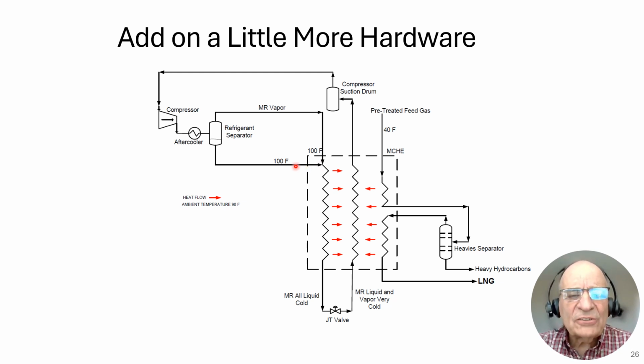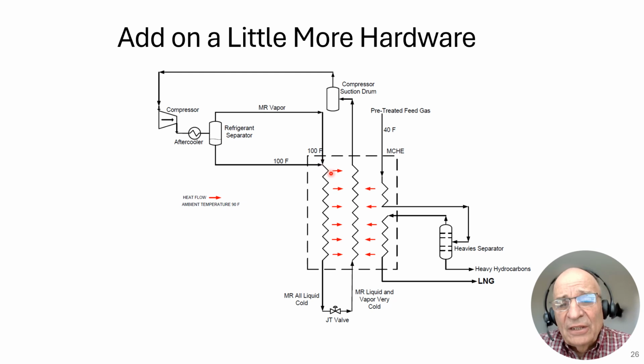Well, it's done this way so that you can control the distribution of the vapor and liquid into the various passages of the heat exchanger. So you don't end up with slugs going through the heat exchanger, but you spray this liquid in. And quite often there's a pump associated with this so that it can be sprayed in along with the vapor and get an even distribution along the heat exchanger path.